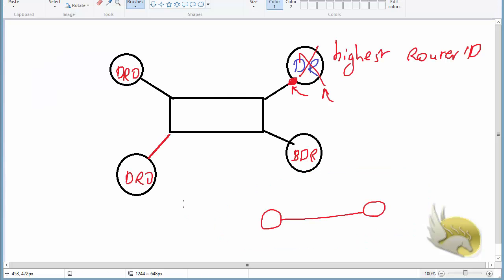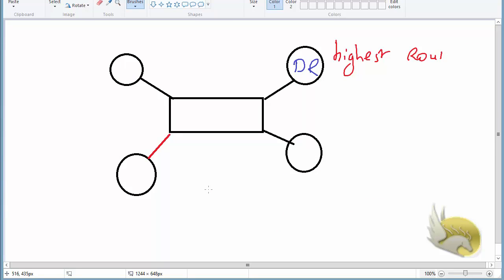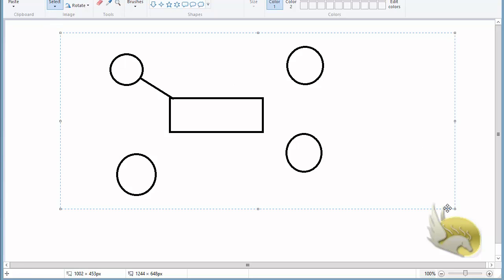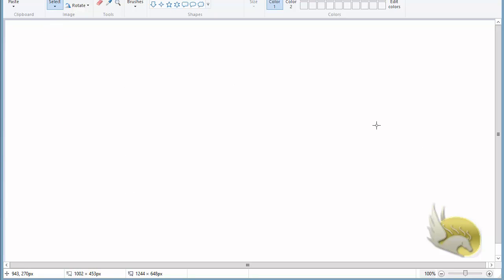If for some reason I want one specific router to be designated router, what should those cases be? Let me show you. Let me delete all of these. I don't want to have these. Let me assume that I have a frame relay connection.